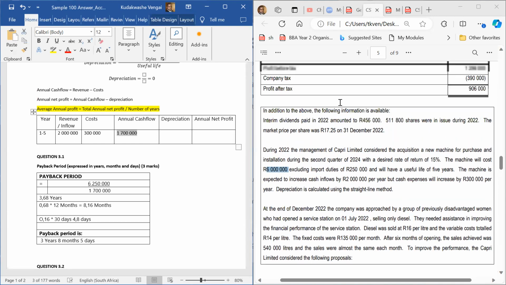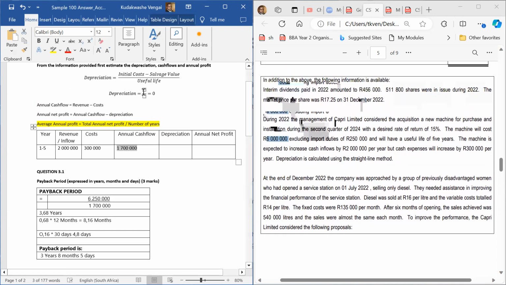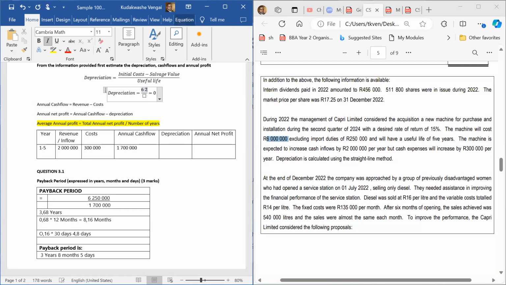Now, where do we get the depreciation? The formula for depreciation that I've given you is the initial cost minus the salvage value, over the useful life. What is the initial cost? We already said that the initial cost for this project is 6,250,000. Do not forget the import duties or the installation fees.